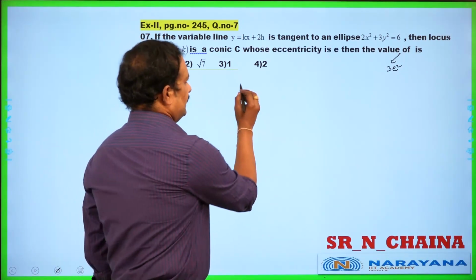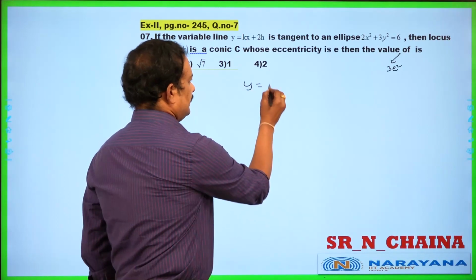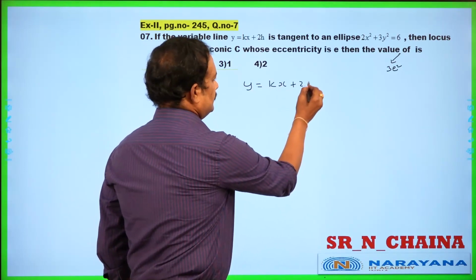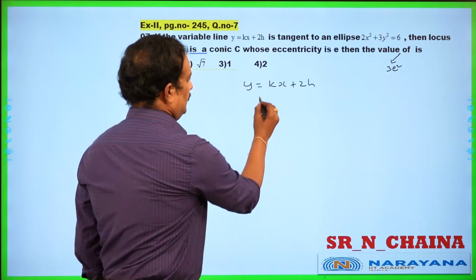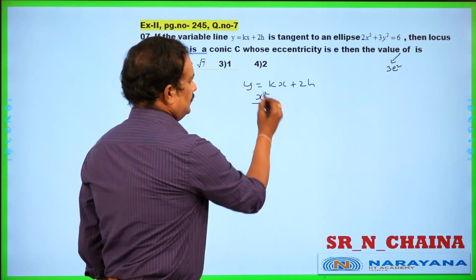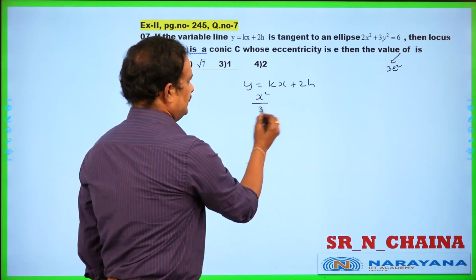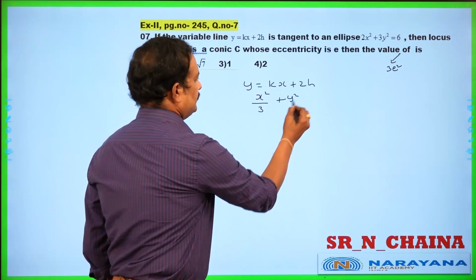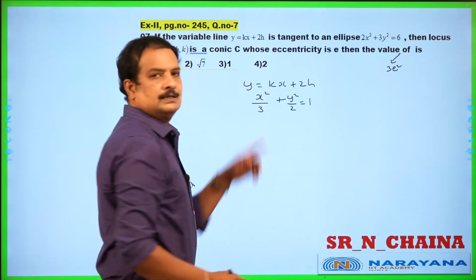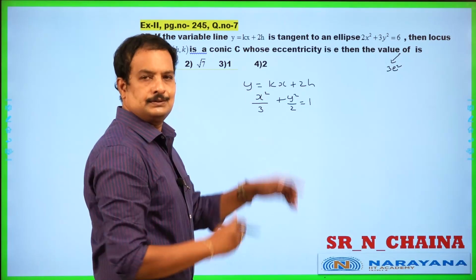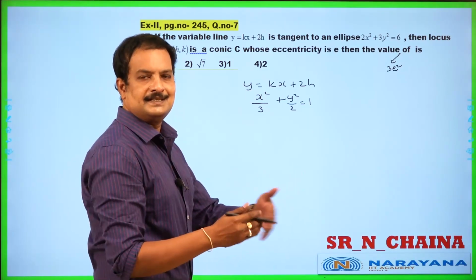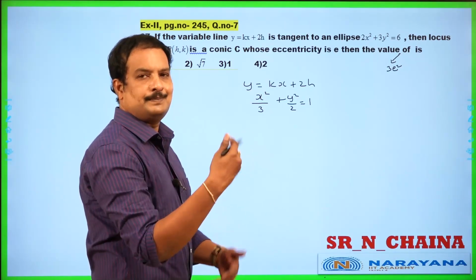So let us take the line y equal to kx plus 2h, and the ellipse is x square by 6 plus y square by 2 equal to 1. So that line is a tangent to this one. So what is the condition of tangency? c square equal to a square m square plus b square.